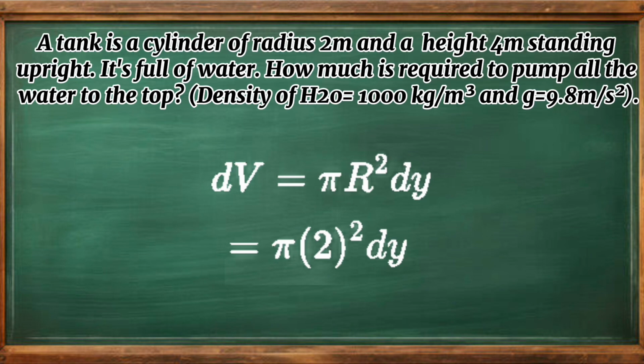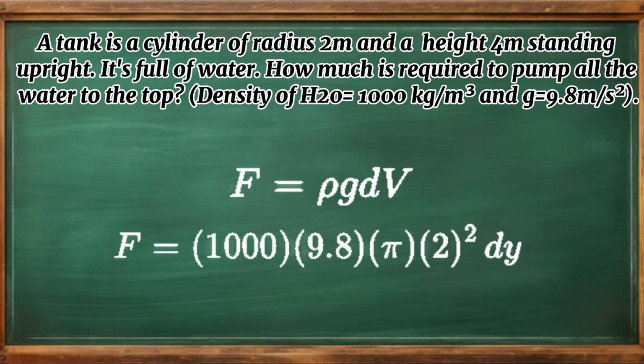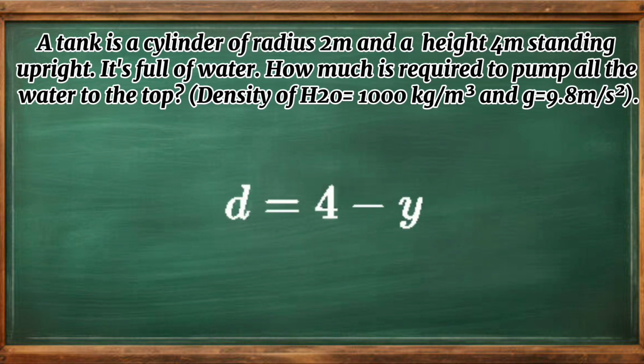Now, we solve for our weight or force, which is equal to density times gravity times dV. Then, we plug in our values, which is 1,000 kilograms per cubic meter times 9.8 meters per second squared times pi times 2 meters squared dy. Then, the value of our distance is 4 minus y.